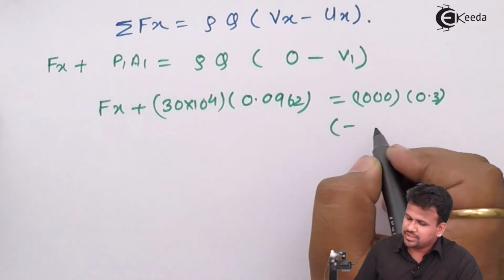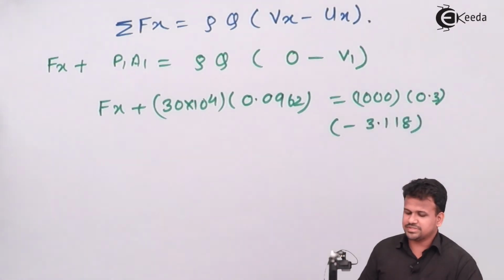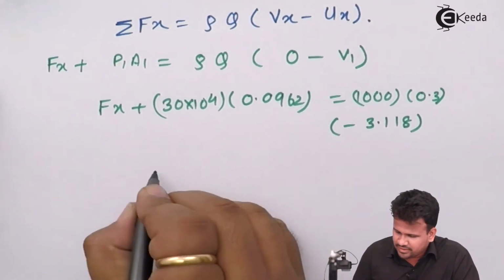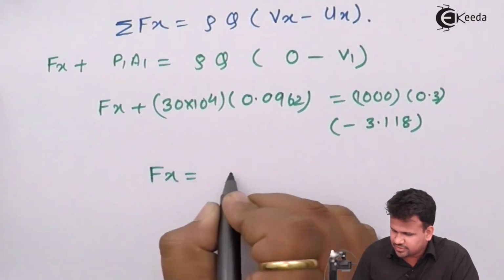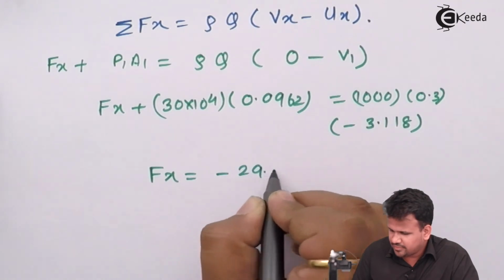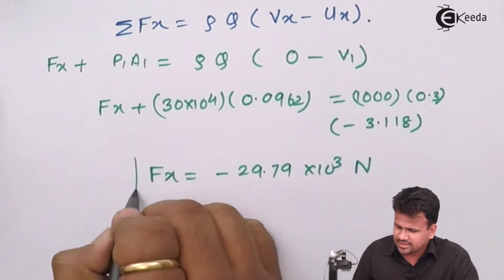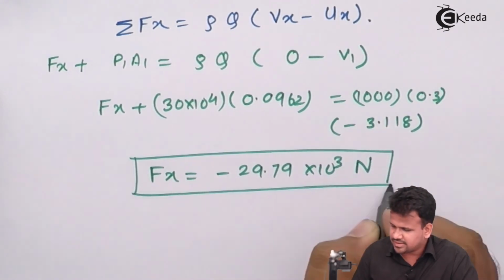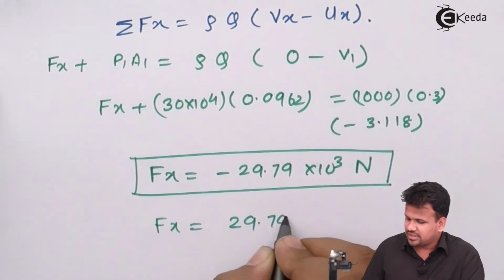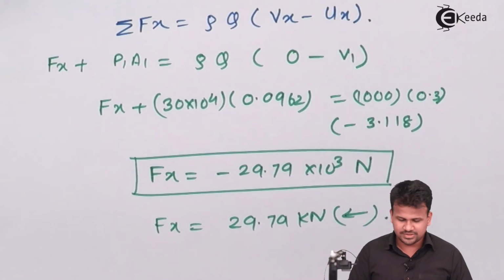V1 we had calculated as 3.118 meters per second. So all these values we had calculated. On evaluation, Fx is equal to minus 29.79 into 10 to the power 3 newtons. The negative sign represents that it is acting in the opposite direction. So 29.79 kilonewton is acting towards left, not towards right.